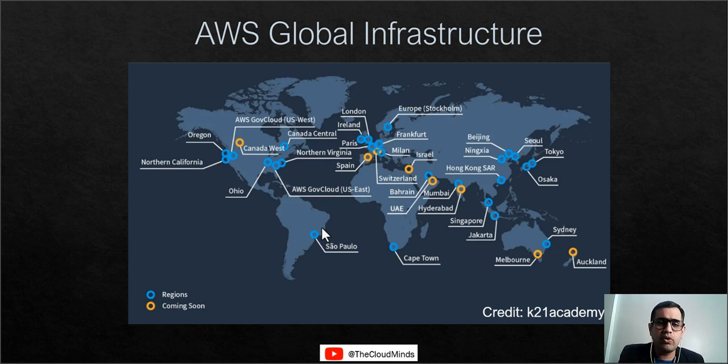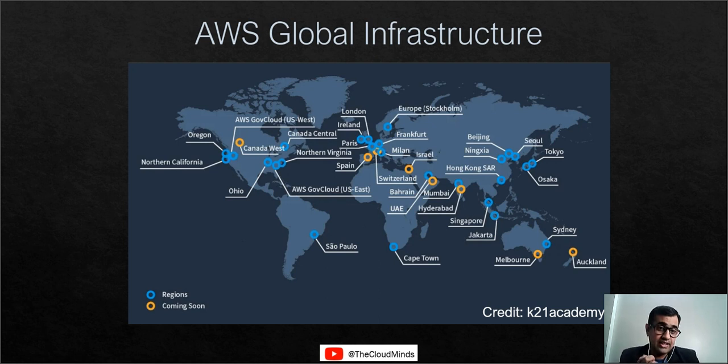All right, if you look at it, there are regions in Mumbai, Switzerland, Paris, Ireland, and you can see something called AWS GovCloud, which is US West, and there is one called US East. Now, guys, it must be a little confusing, but AWS cloud technology is actually divided into 3 parts: the public cloud, the private cloud, and the hybrid cloud.